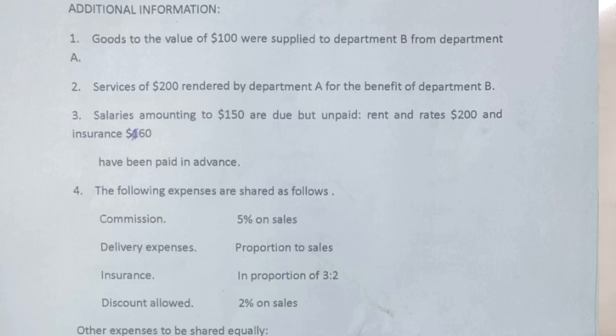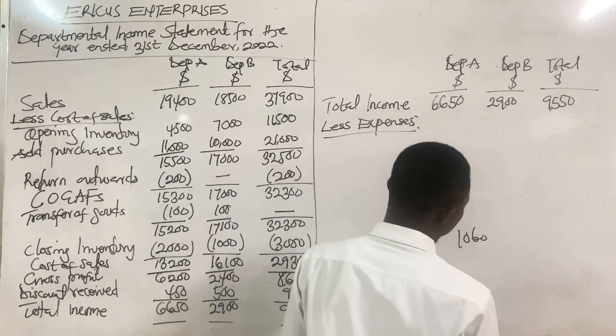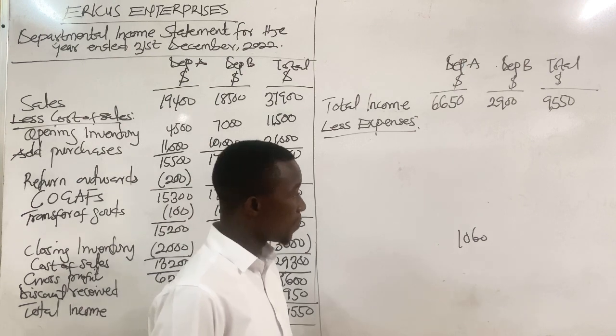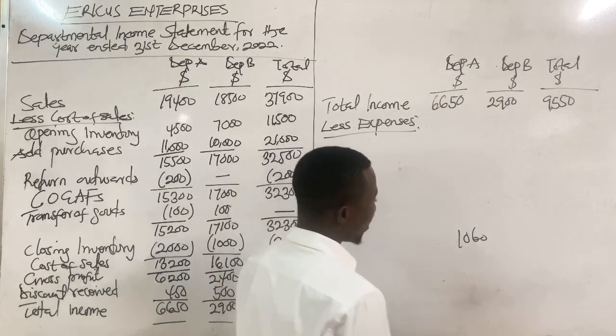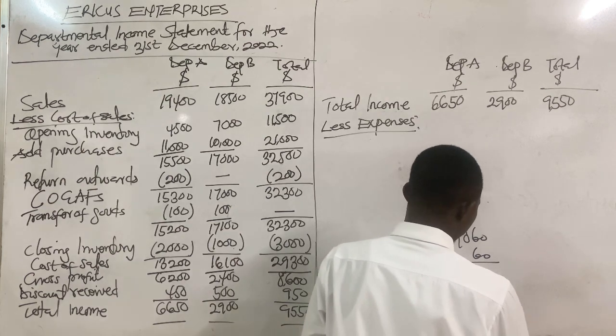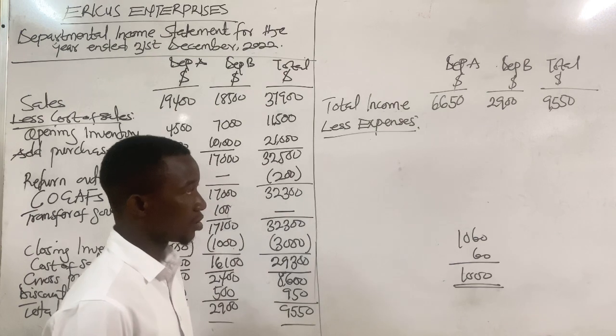So there is a prepayment of insurance that is $60, but the insurance paid is an amount of $1,060, okay? And there is a prepayment, so we have to take out the prepayment of $60 so that the balance will be $1,000, okay?